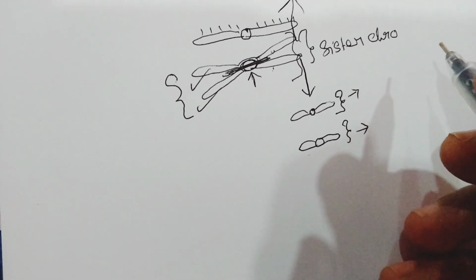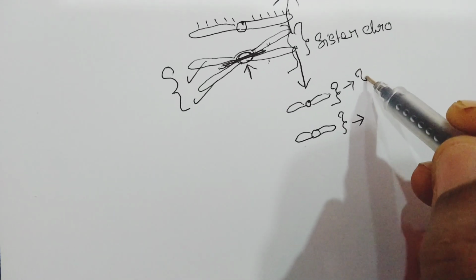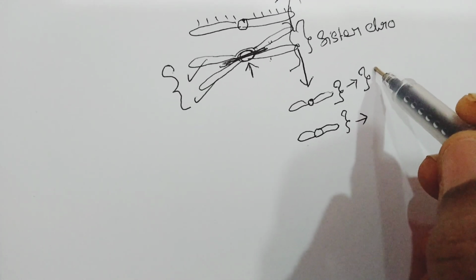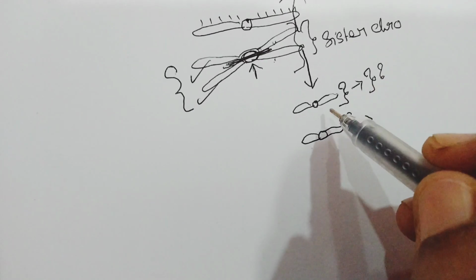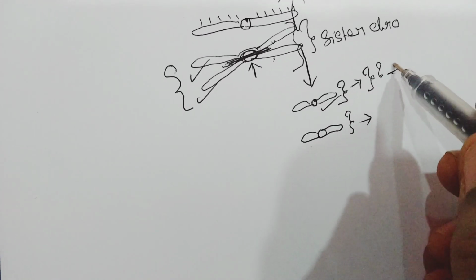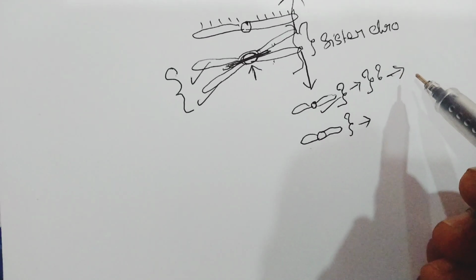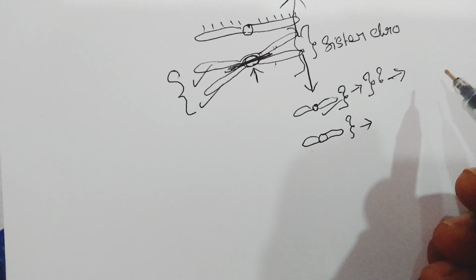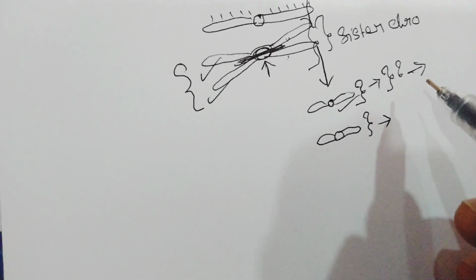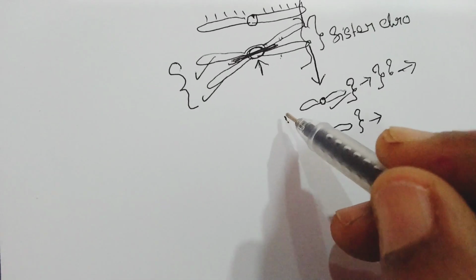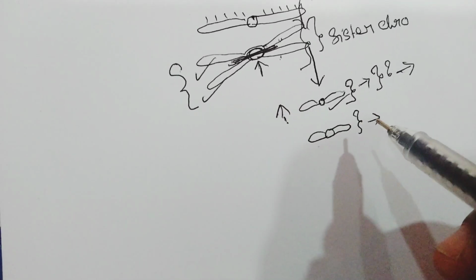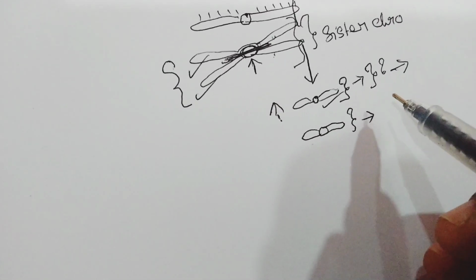As a consequence, whatever genes are present on a single chromatid will reach one pole without segregation. They tend to move exactly to one pole. They do not tend to separate.